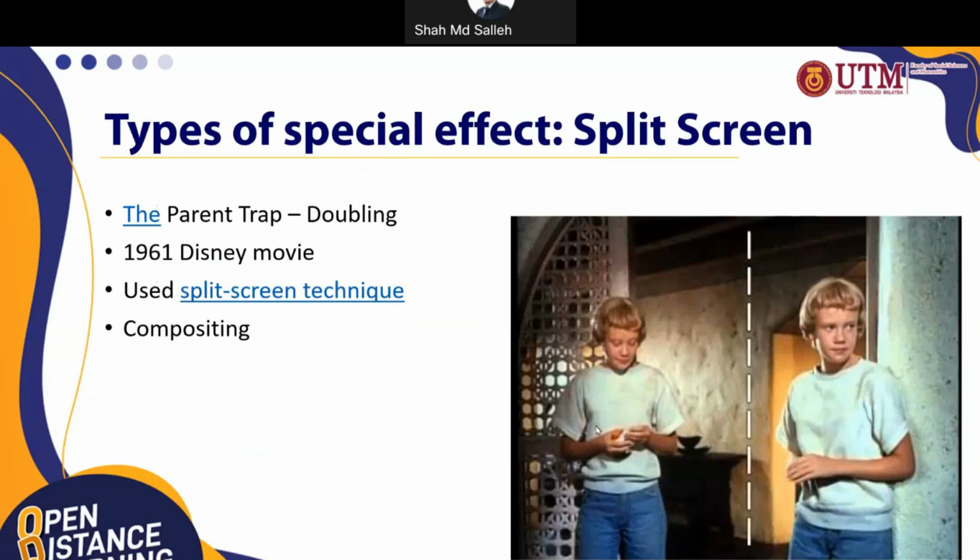The location of the camera must be the same. So after composite, after editing, we can see these actors are twins, but in real life, it's not twins. Only one person, one actor.